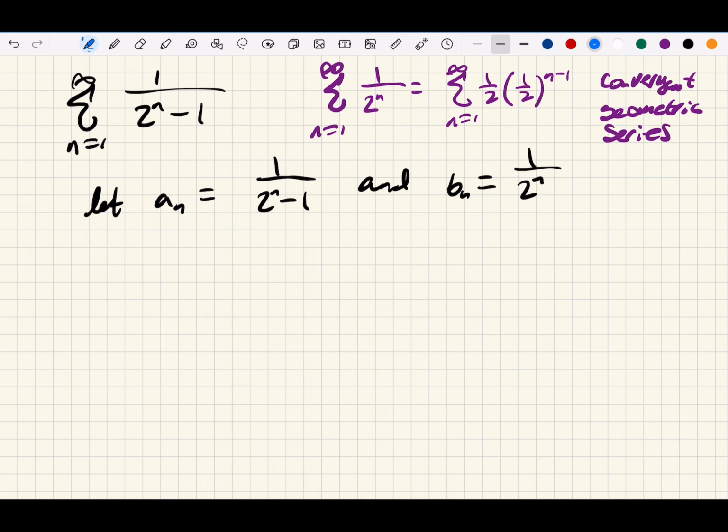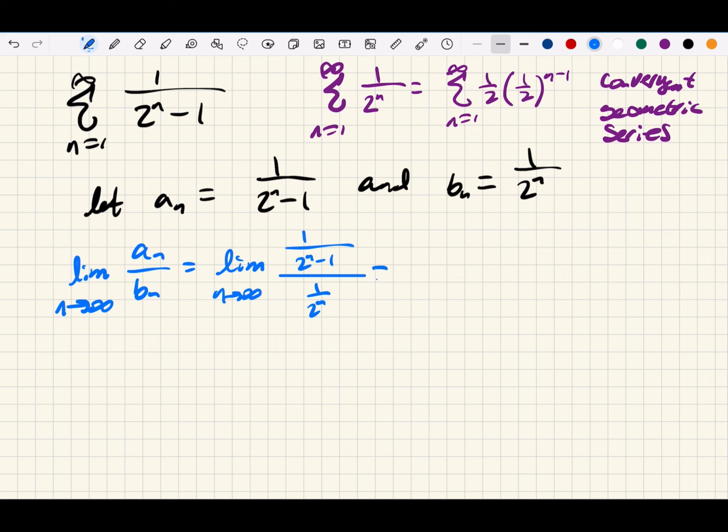So we're going to take the limit as n goes to infinity of a sub n over b sub n, which will be the limit as n goes to infinity of 1 over 2 to the n minus 1, over 1 over 2 to the n.